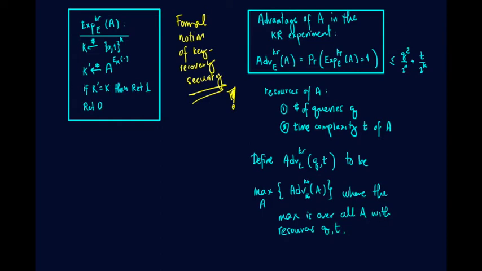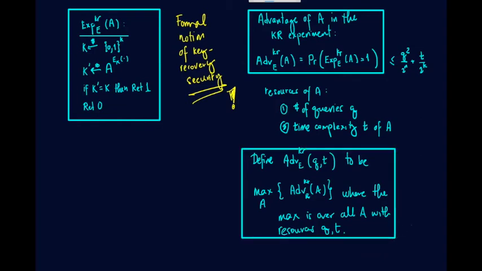This probably deserves its own box as well. The resource parameterized advantage. So if you can upper bound this quantity by something like this, then you really are saying that the best possible, right?